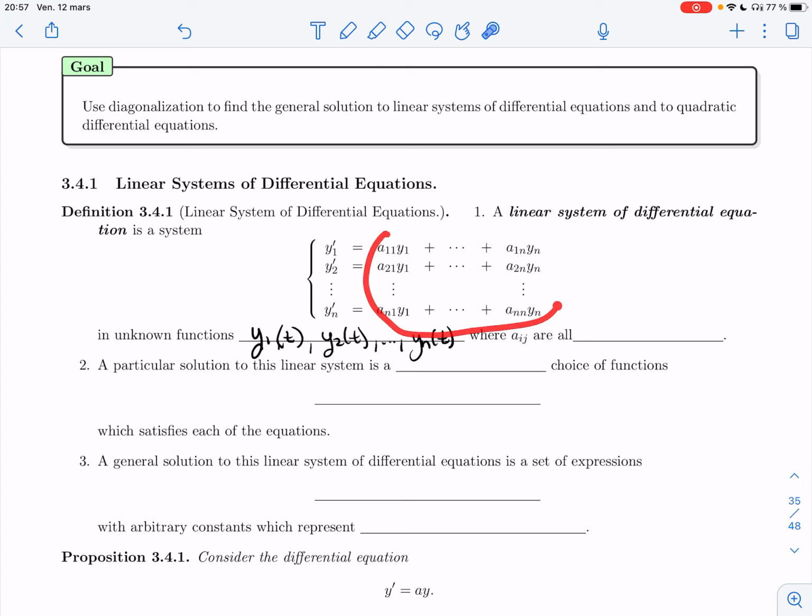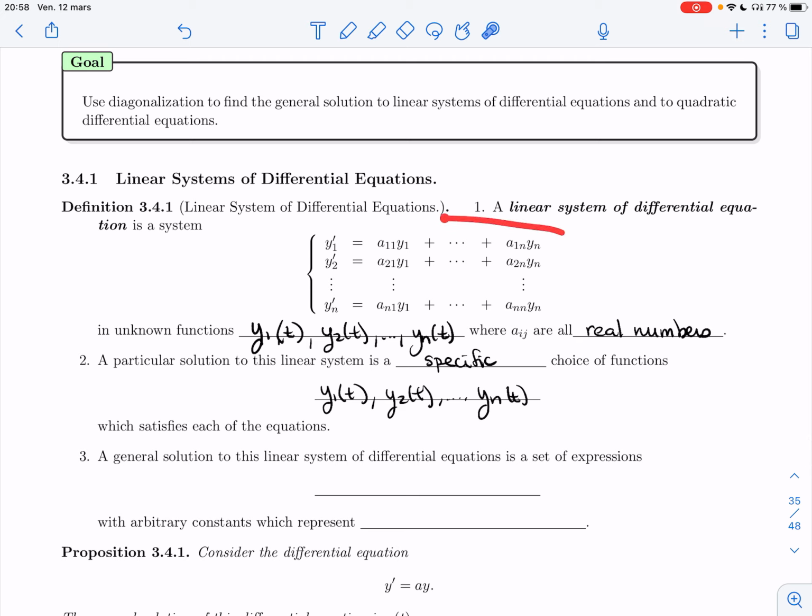And on this side, I have a bunch of real numbers times these functions, where all the aij are real numbers. If I'm looking for a particular solution to this system, it's a specific choice of functions y1 of t, y2 of t, up to yn of t, which satisfies all of these equations.